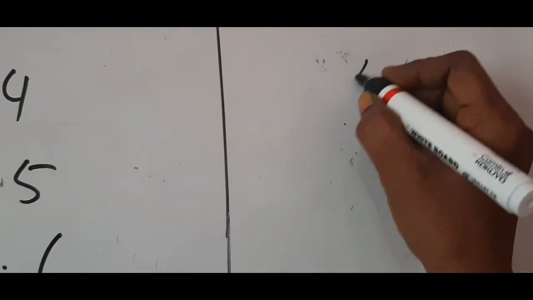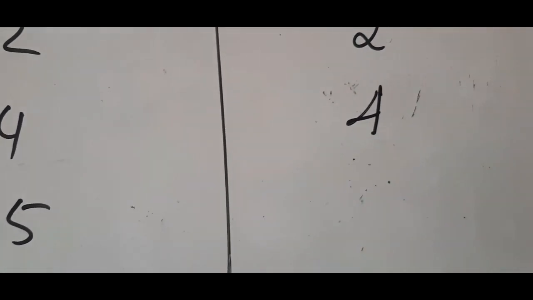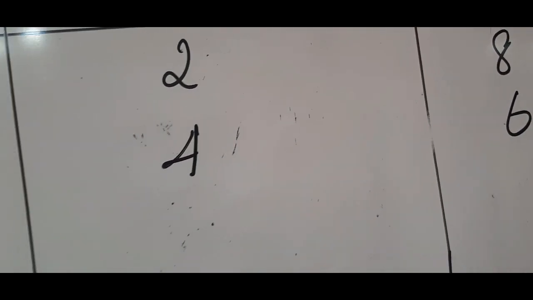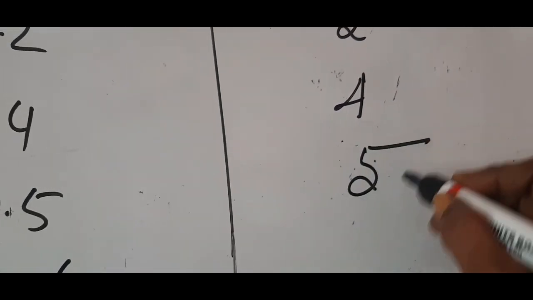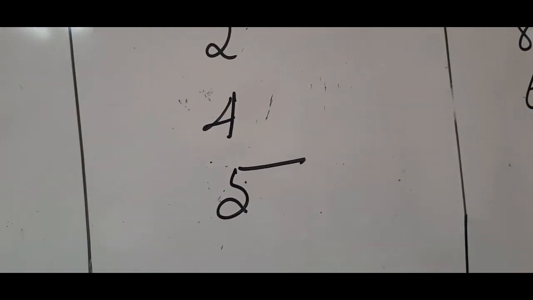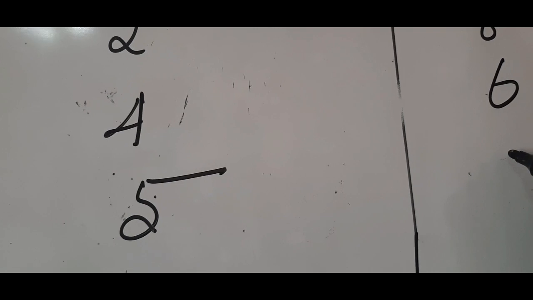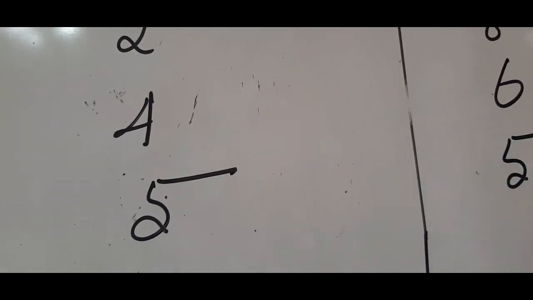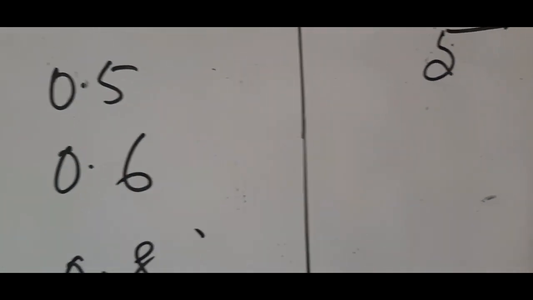So likewise, 4 ml is in common, so let me write just 4, and then 6 ml of distilled water to get 0.4. 5 ml of 1% PVA mixed with 5 ml of distilled water to get 0.5.